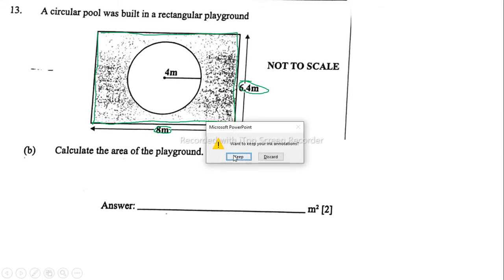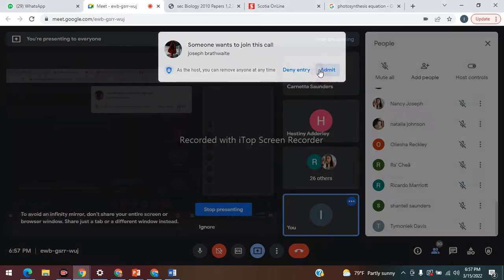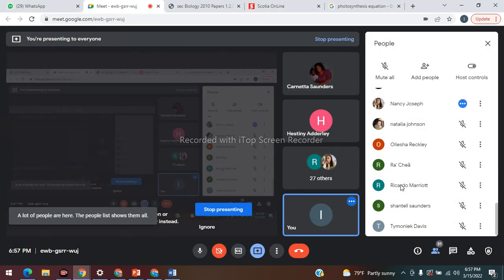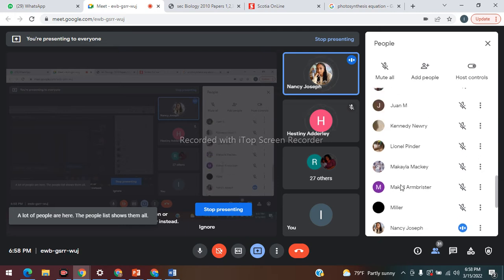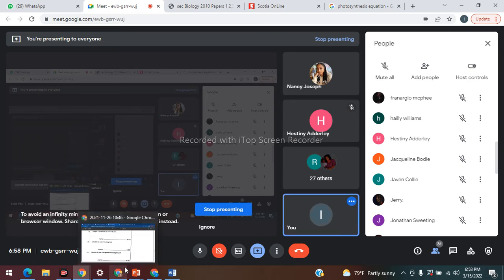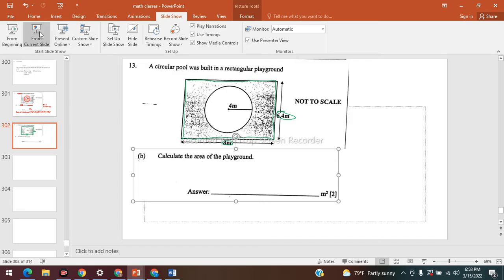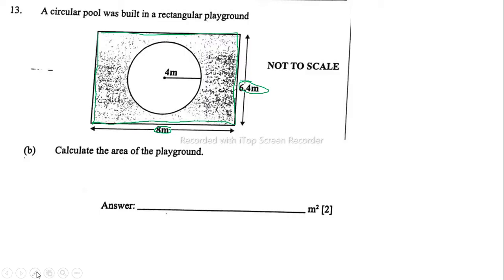Now, what is the area of a rectangle by definition? Not the circumference of a circle.